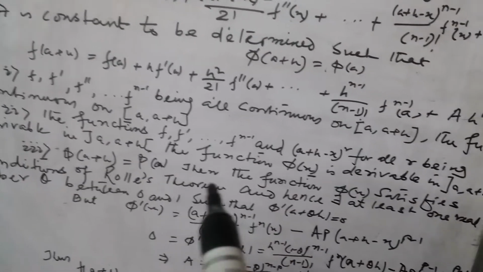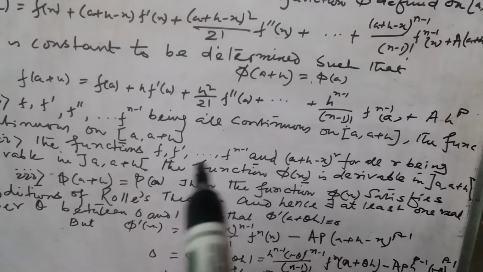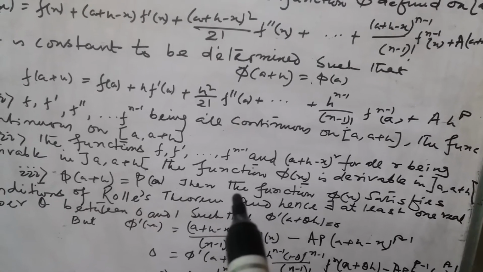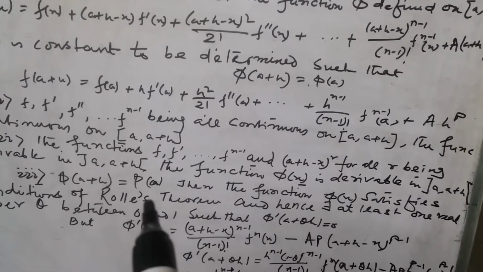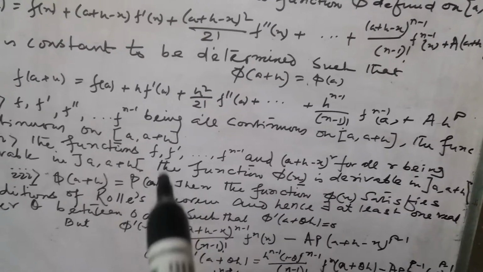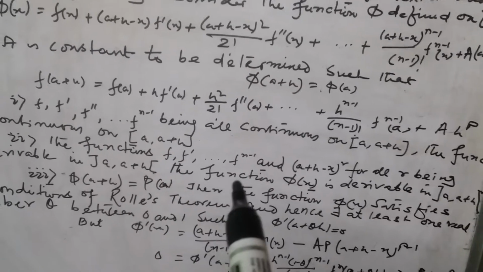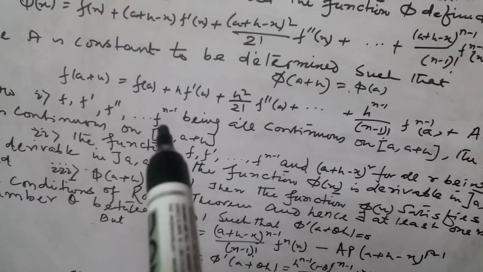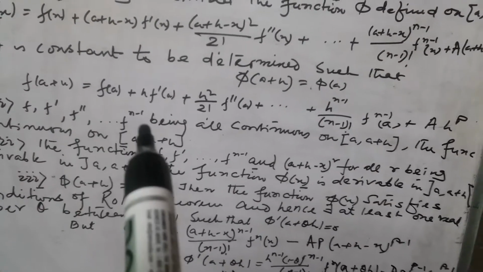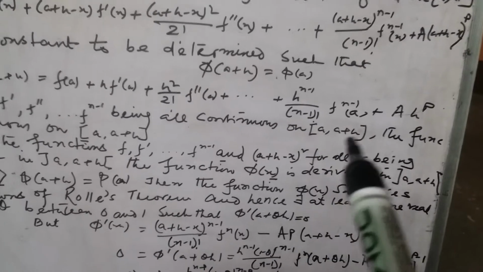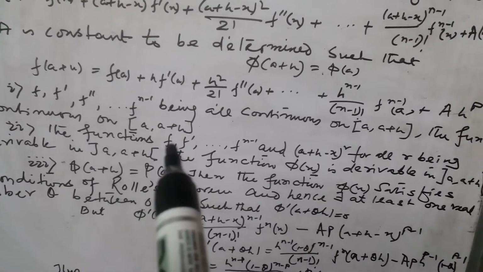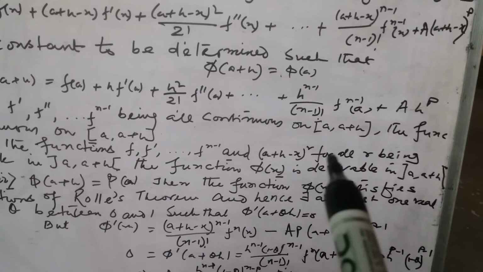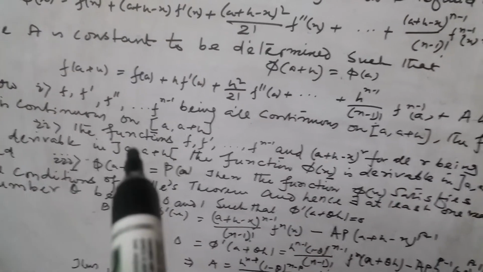What are the conditions of Rolle's theorem? If a function is continuous in the closed interval [a, b], derivable in the open interval (a, b), and phi(a) equals phi(b), then there exists at least one point c such that phi'(c) equals 0. Here the function is continuous in the closed interval since f', f'' up to f^(n-1) are all continuous, and derivable in the open interval.